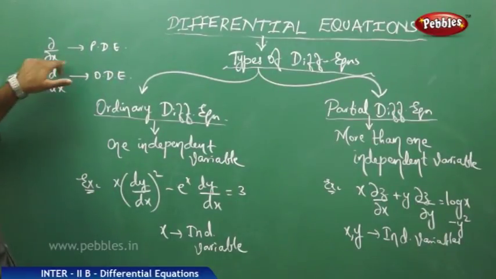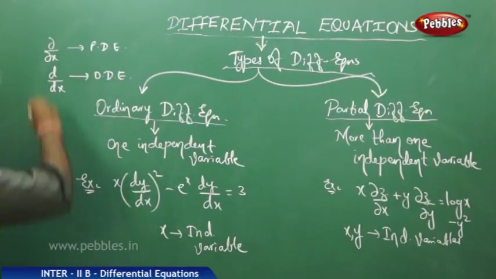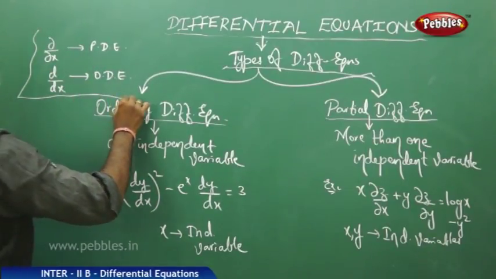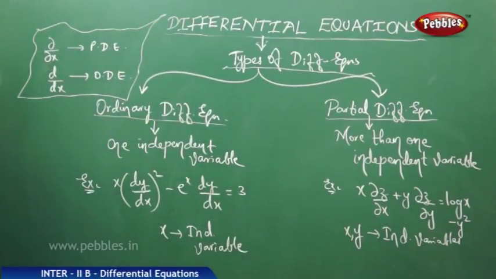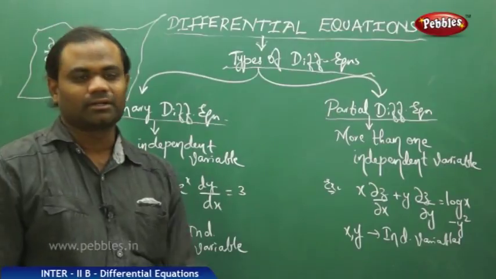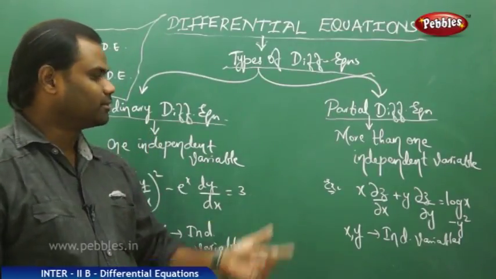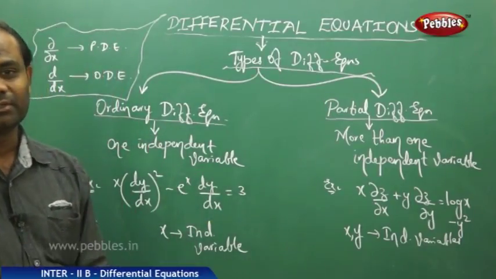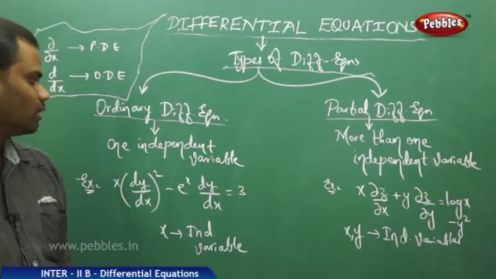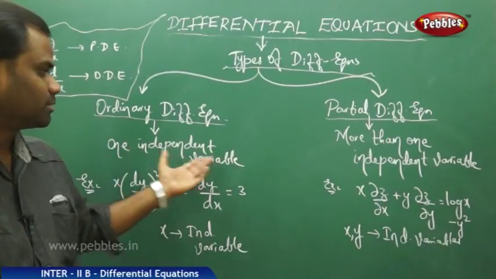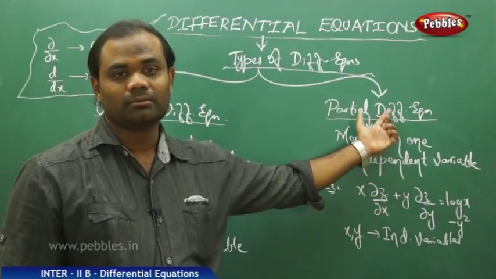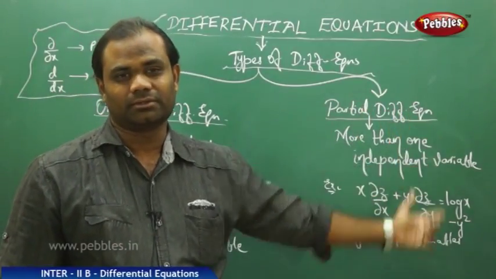So dou by dou x for partial differential equations and d by dx for ordinary differential equations is how we understand the difference. One independent variable, ordinary differential equation; more than one independent variable, partial differential equation.